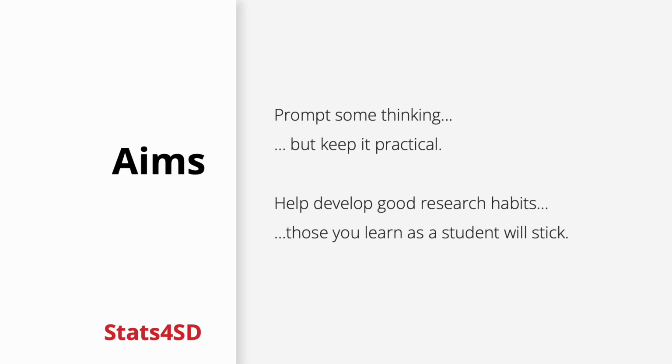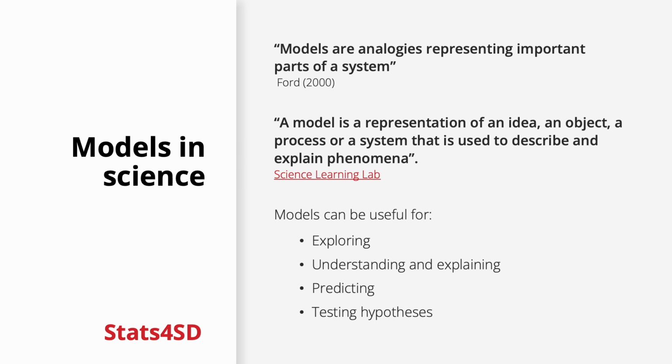My suggestions are based on years of working in research in agriculture, agroforestry, and agroecology, and also working with students. You will often hear of models in research and when analysing your data. One well-known book explained that models are analogies that represent important parts of the system.